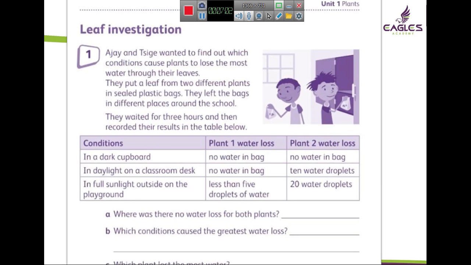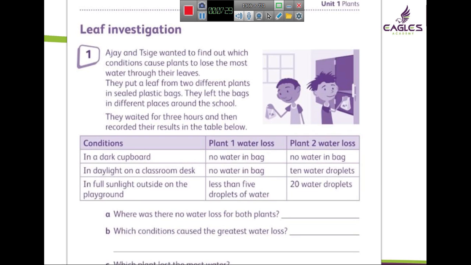For plant number 1, less than 5 droplets of water. So plant number 1 in the sunlight lost water, okay? And here we have 20 water droplets from plant 2.